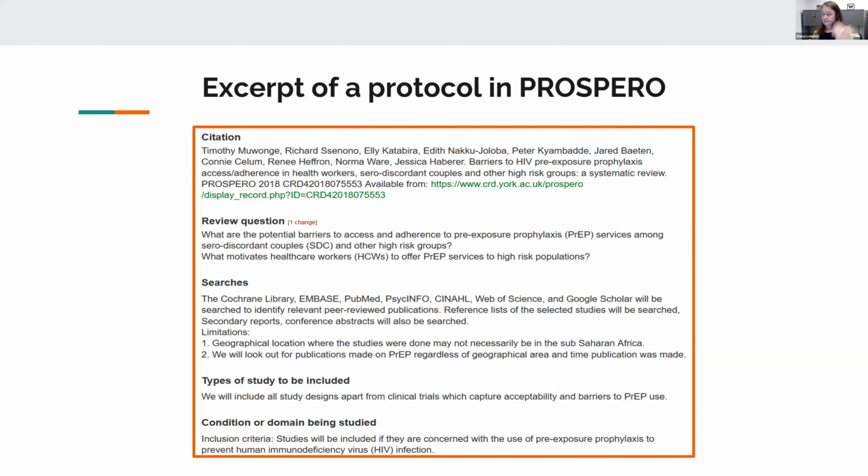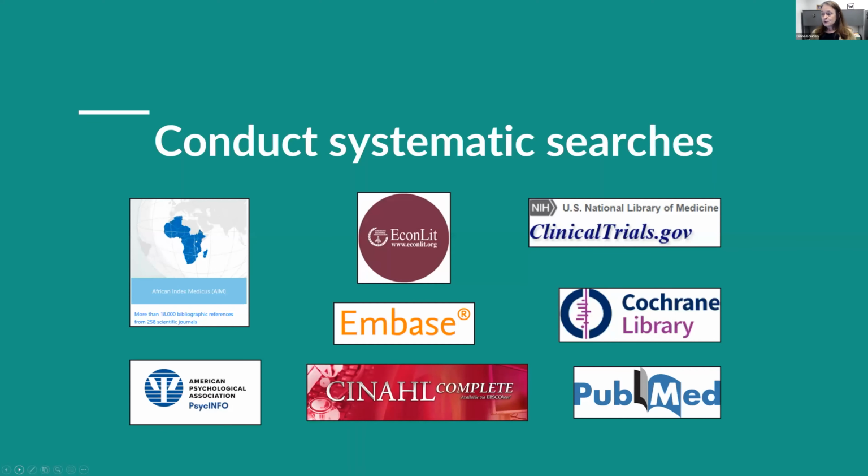So there's a person who is in between you writing it and it being made publicly available. So you likely would have developed a preliminary search strategy for maybe one database as part of writing your protocol.